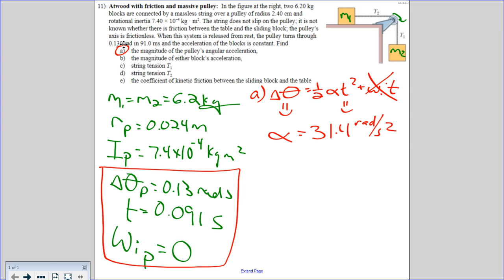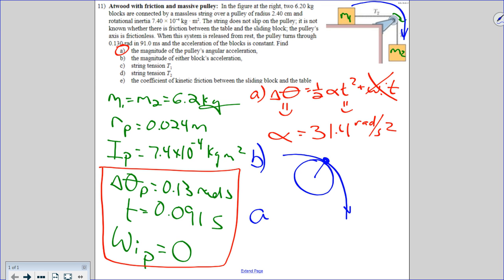Part B says to find the magnitude of the block's acceleration. The whole system is accelerating at the same rate, so the boxes, the rope, and the outer edge of the pulley, which is the crux of this. We know the angular acceleration of the pulley, and that corresponds to the linear acceleration of the outer edge.